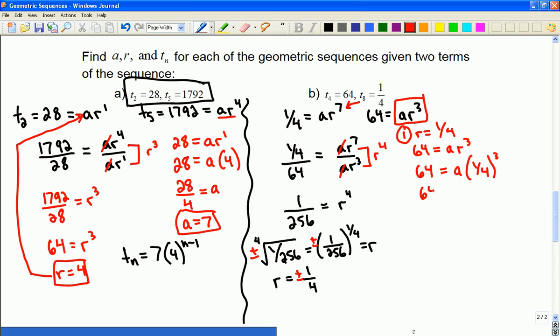So 64 is A times 1 over 64. And 4096 is going to be the first term. So that gives me a term formula of 4096 times 1/4 to the n minus 1.